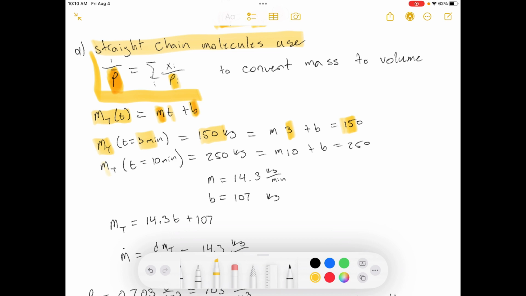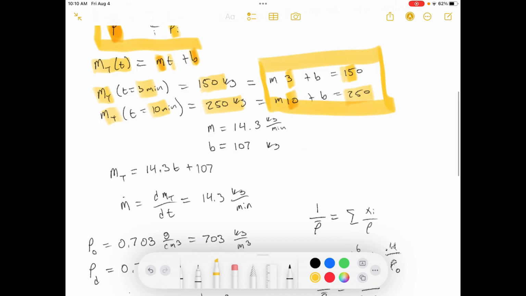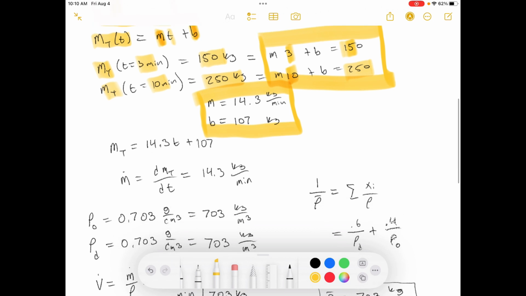Then the mass of the tank at 10 minutes equals 250 kilograms, so we put 10 for t and 250. Now we have 2 equations and 2 unknowns, very easy to solve. This is the answer to that equation. So now we have our slope and our intercept. This is our equation for how the mass of the tank changes with time.